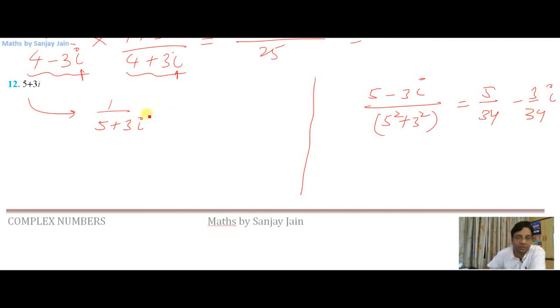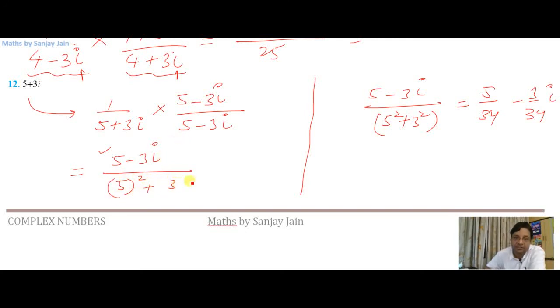Or you can show the process: to bring it into the desired form, let us multiply and divide it with 5 minus 3 iota. The numerator will become 5 minus 3 iota and the denominator will become 5 squared plus 3 squared. So 5 minus 3 iota divided by 25 plus 9, which is 34. So you can write it separately in this form.